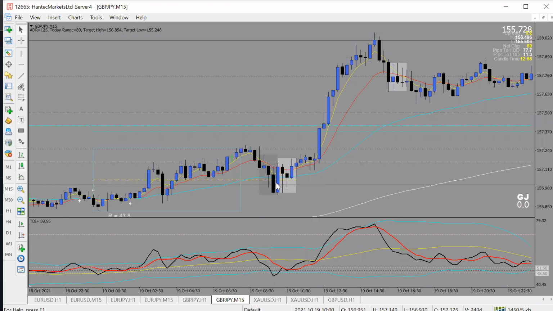This is a railroad track. The next candle did not take it out. And we had a second leg.